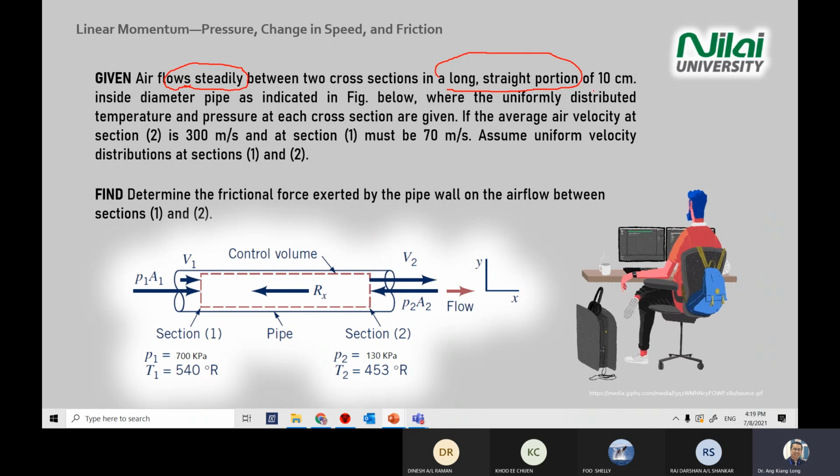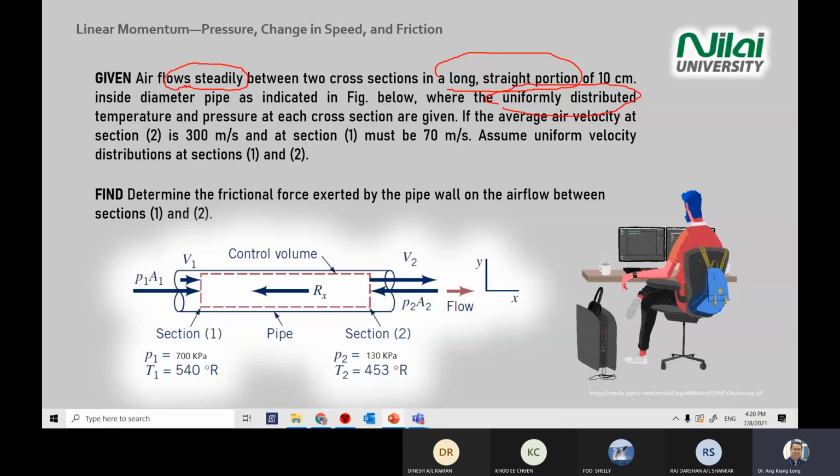And the cross-section is given, the length is 10 cm. Inside diameter of the pipe is indicated like this one. Where uniformly distributed, another keyword here, uniformly distributed means you have a steady flow again. The temperature is uniform and the pressure is also uniform at each cross-section.